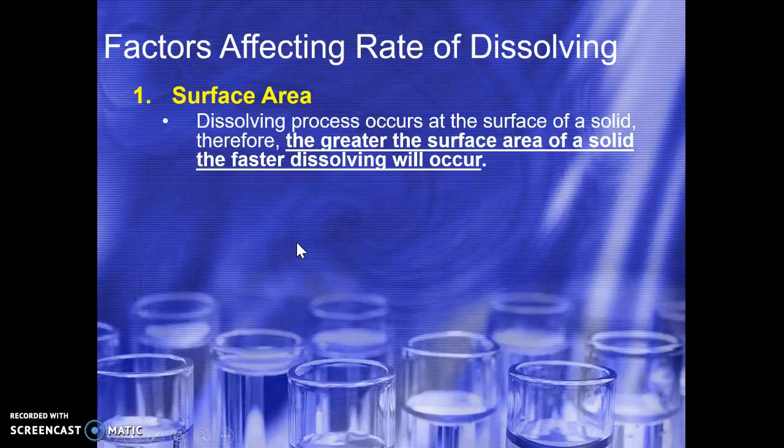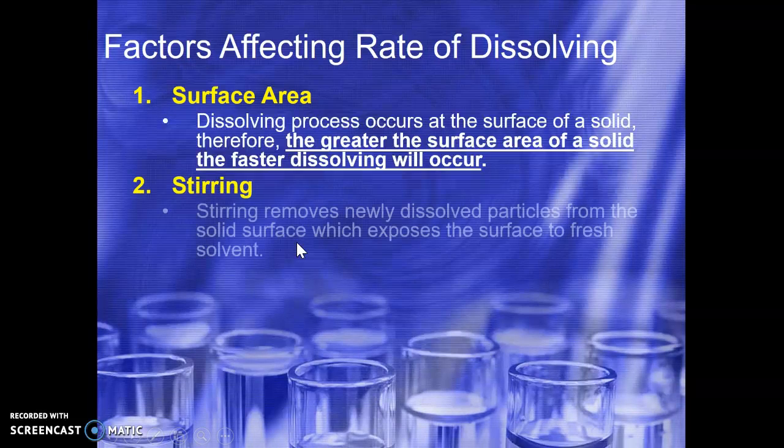Okay, so increasing the surface area is one way we can speed up the process of dissolving. Another way, we did this in the animation, is just to stir. If you stir a solution, then you're going to allow the solvent and the solute to come into contact with each other faster. So then we get a higher rate of dissolving.